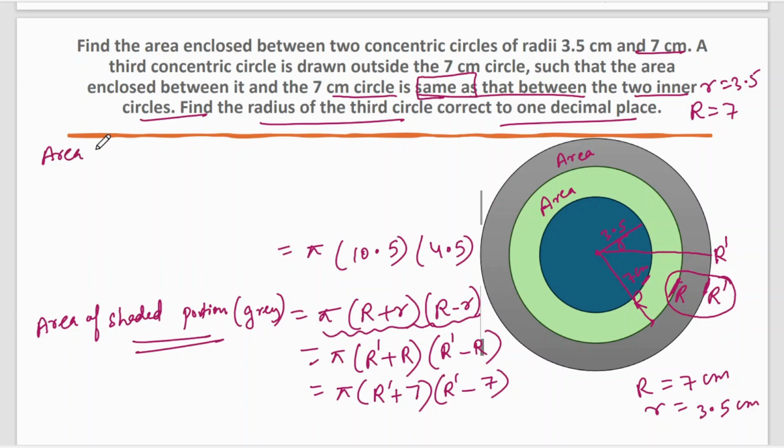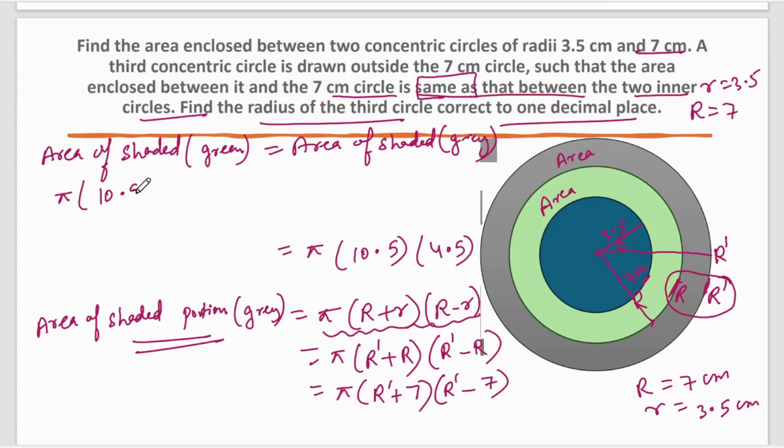Area of shaded portion green equals area of shaded portion gray. What is the area of green? We have calculated this as pi into 10.5 into 3.5. And the area of gray is pi (R dash plus 7)(R dash minus 7).